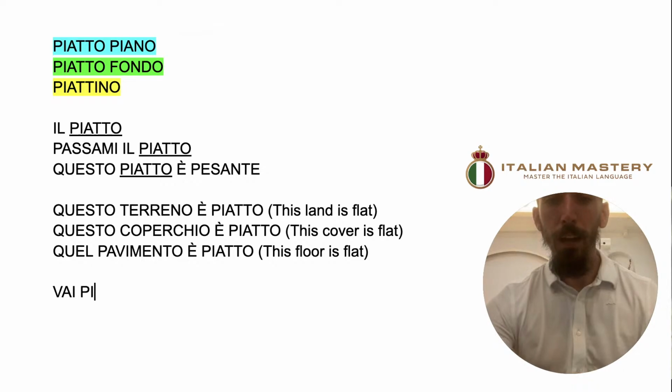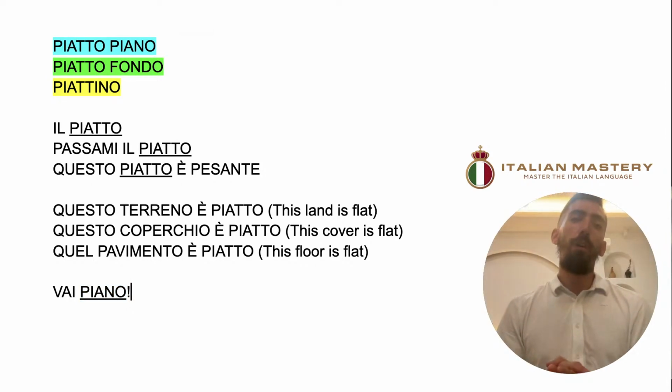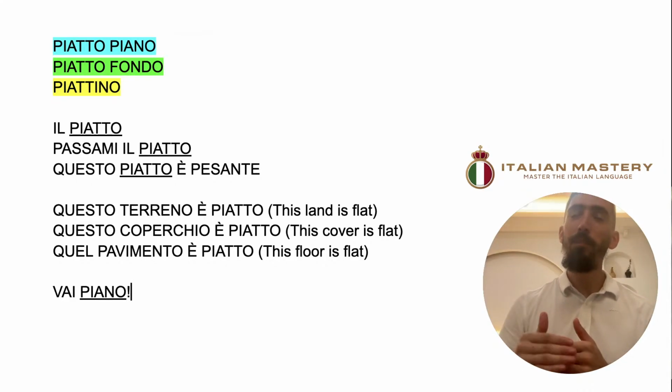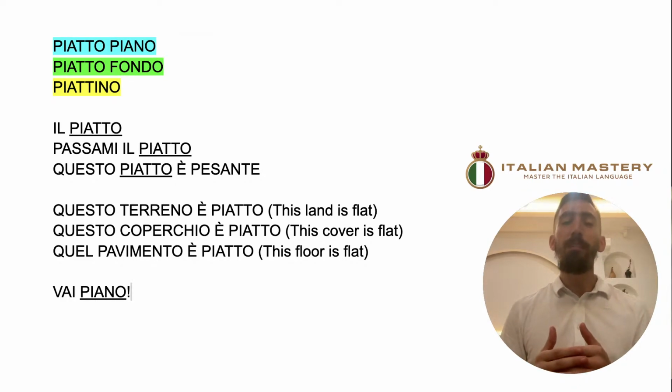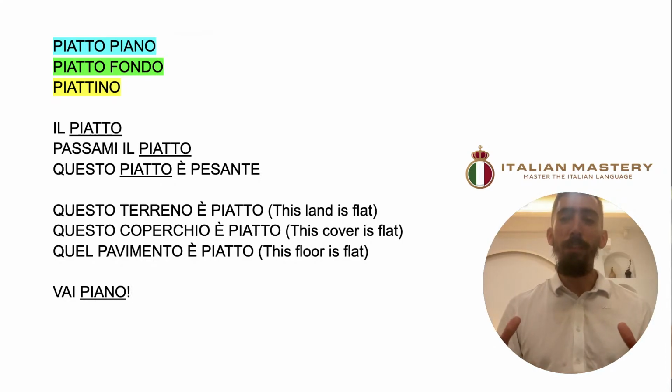Vai piano. Piano means slow. If you are in the car with your mother and you're driving, every 5 seconds she will say something like, vai piano. And that's, of course, not drawn from personal experience, but that's what it means, right?